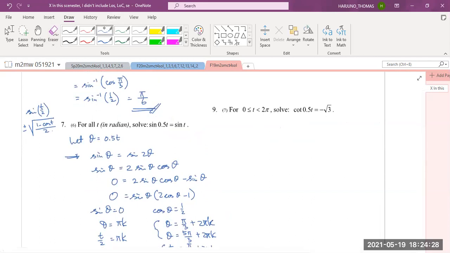Number 9. For t between 0 to 2 pi, solve cotangent half t equals negative radical 3. That's tangent t over 2, the reciprocal of the cotangent is tangent.